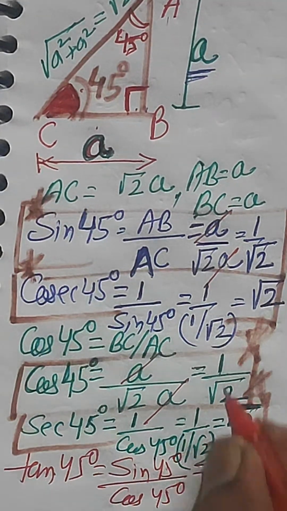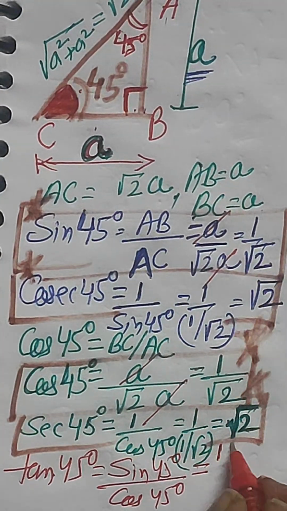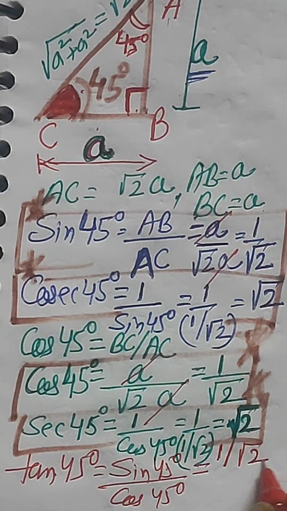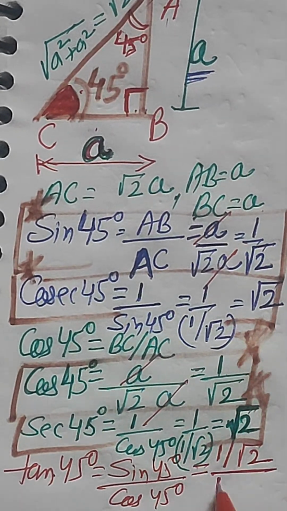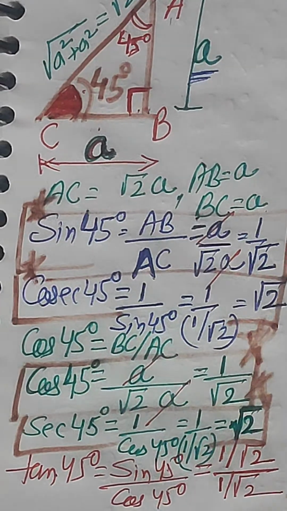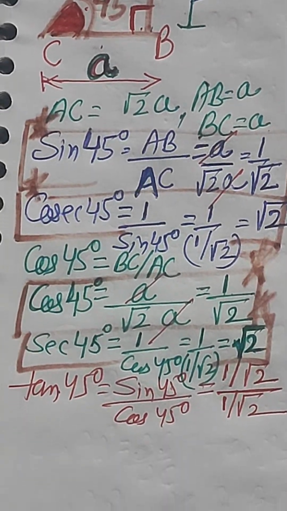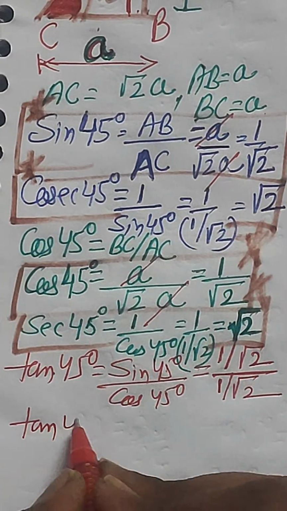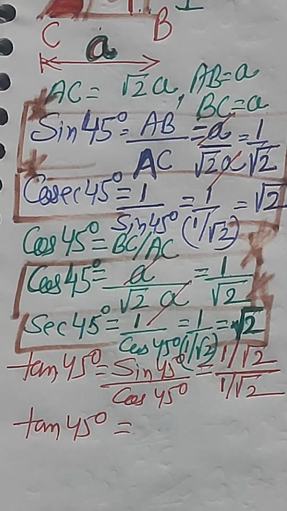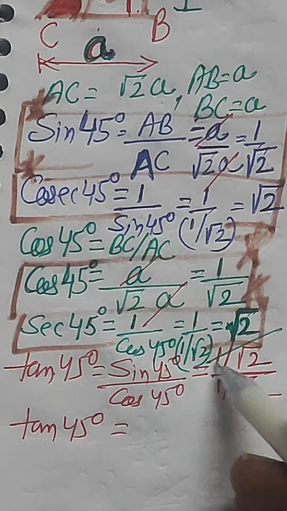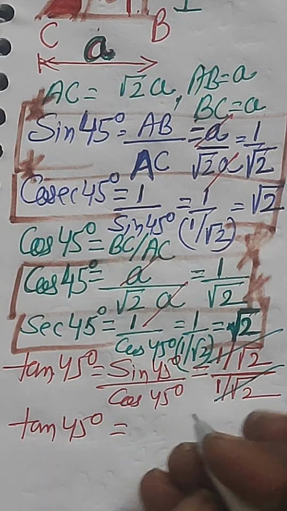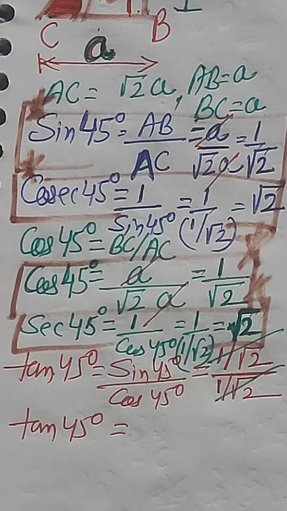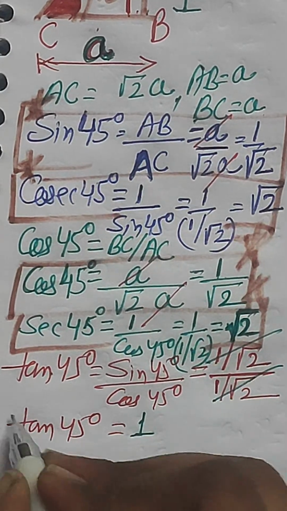Sine 45 degree is nothing but 1 by root 2, and cos 45 degree is also 1 by root 2. So 1 by root 2 and 1 by root 2 cancel out, and this will give you the value of tan 45 degree as 1.